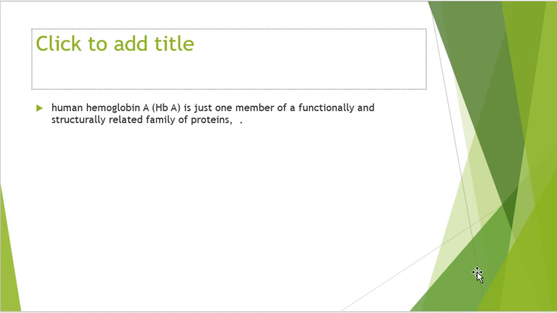Human hemoglobin A is just one member of a functionally and structurally related family of proteins. Each of these oxygen-carrying proteins is a tetramer composed of 2 alpha globin polypeptides and 2 beta globin polypeptides.